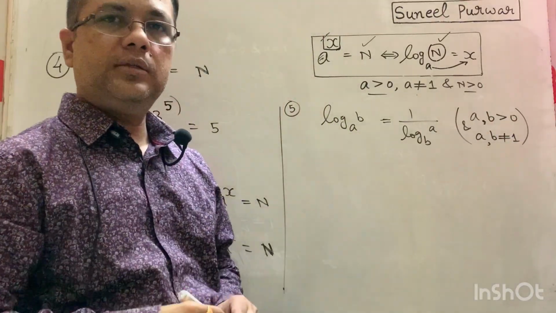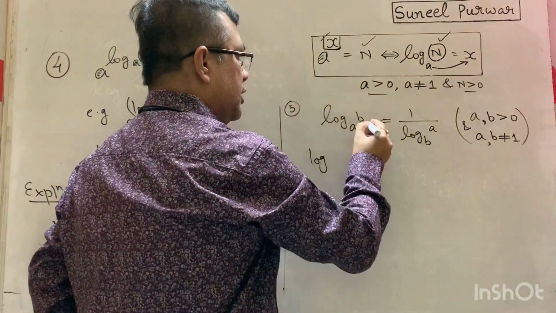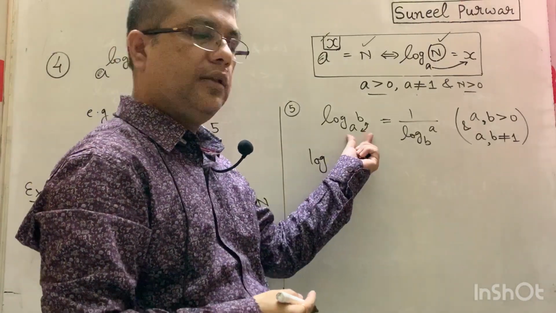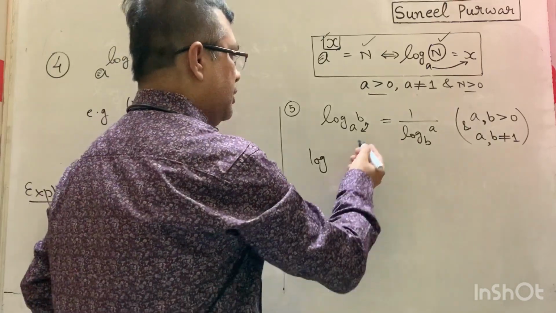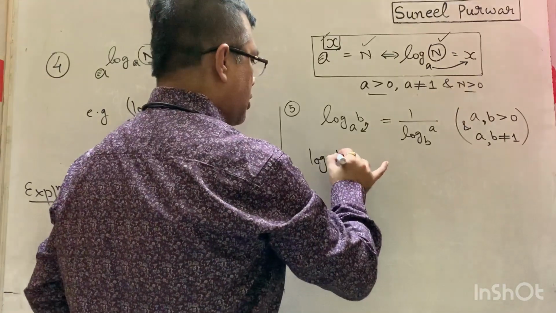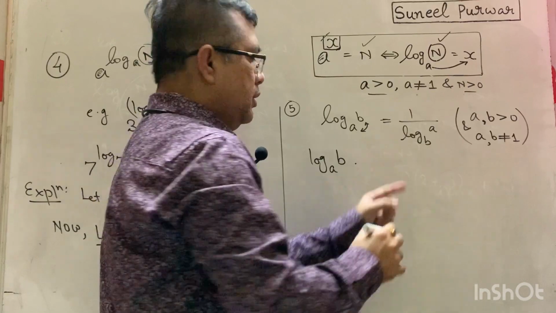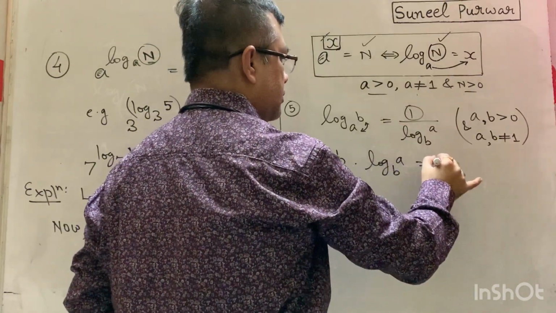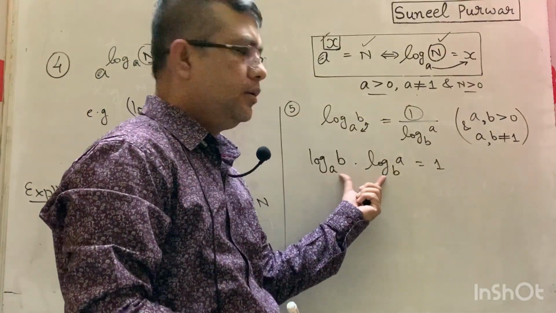So what is this property saying? This property is trying to say that if you interchange these two values, you will get another logarithm, and those two logarithms will be reciprocal of each other. Another way we can put this property is: log of b base a into log of a base b equal to 1. Can you understand this?